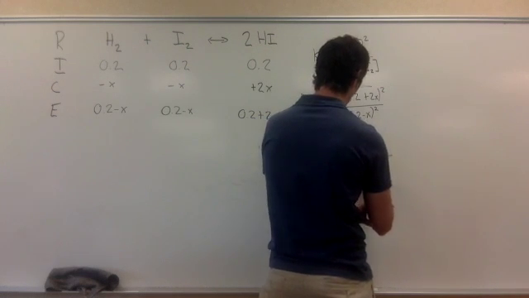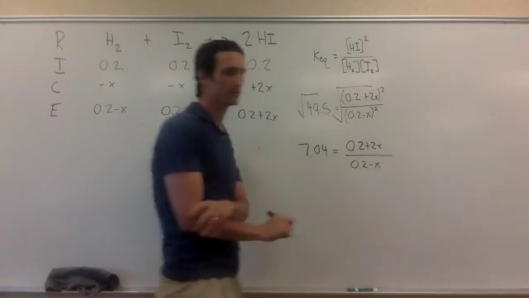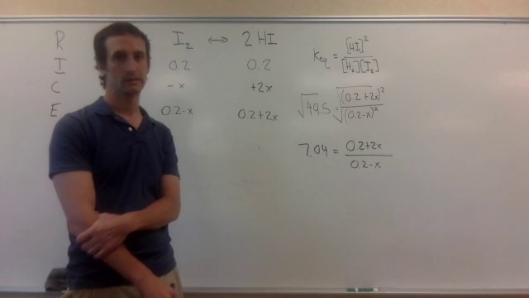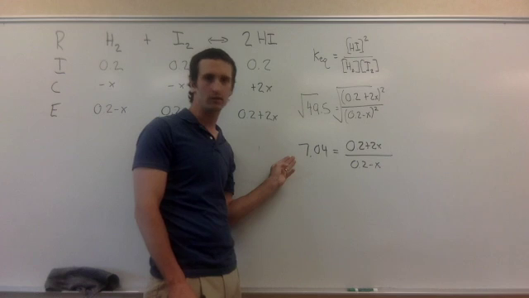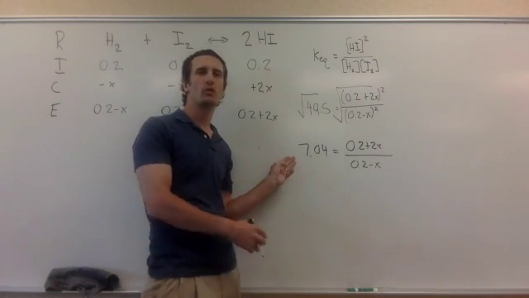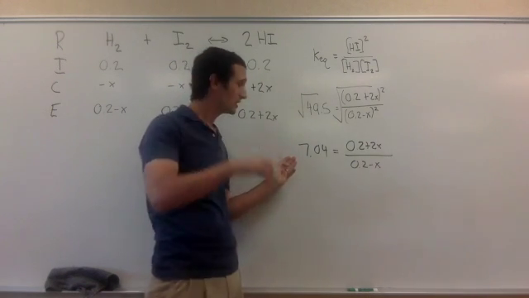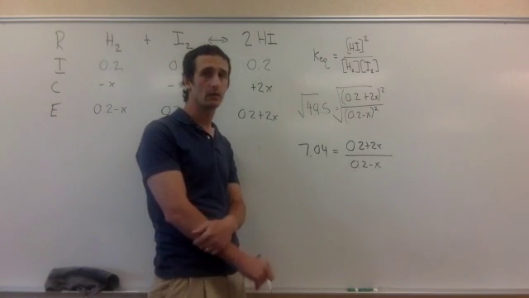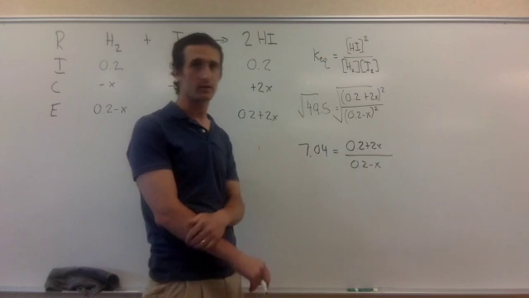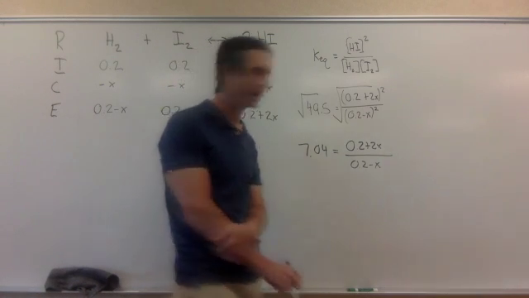And 0.2 minus x on the bottom, right? This is a pretty easy equation to solve. You don't have to do that whole quadratic thing. You just simplify and solve for x. So you can fast forward through this part, but I'll crank through some math right here.